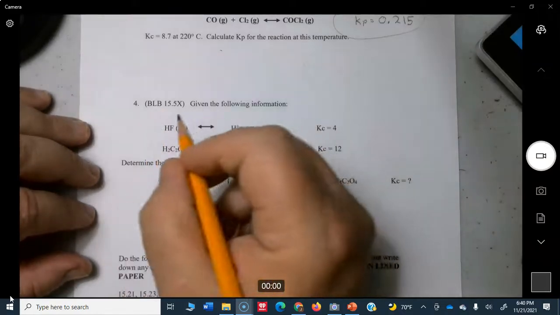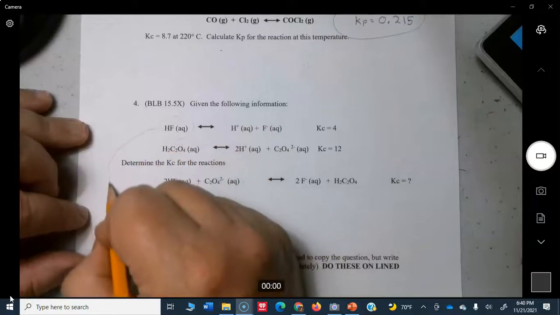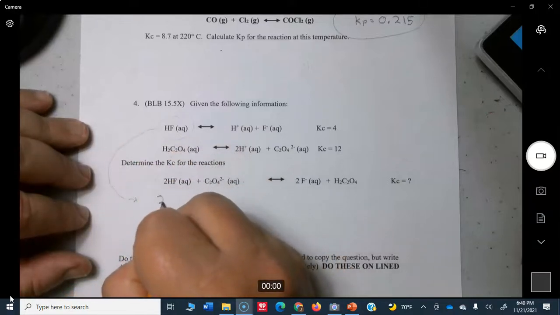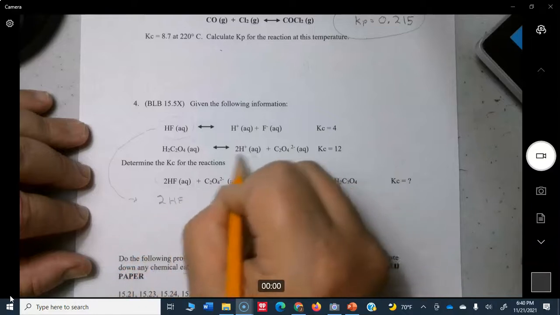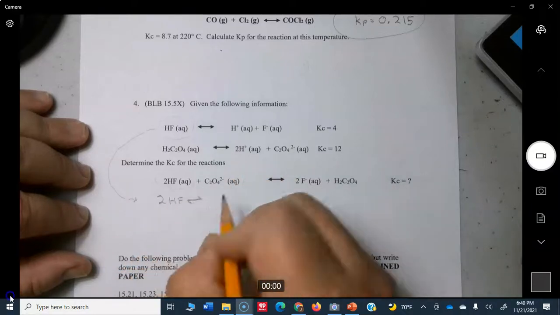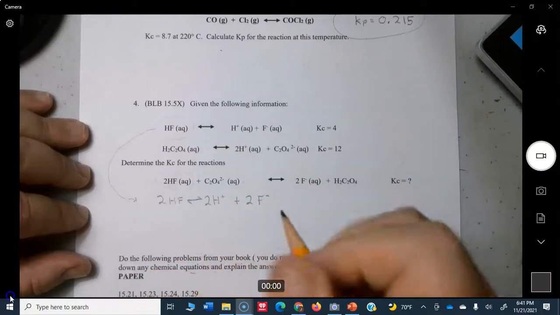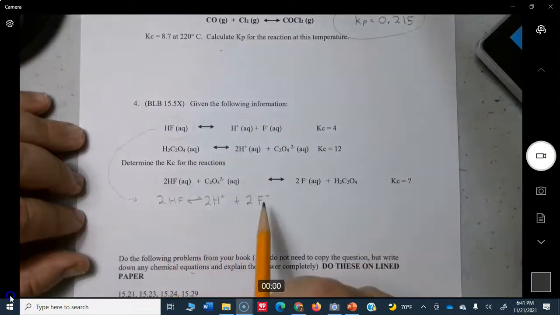So I'm going to write that down here. I'm going to actually write the whole thing. I'm going to bring it on down here. So we're going to multiply 2HF. And I'm not going to write the aqueous for all these. Okay, so we multiplied everything up here through by 2.